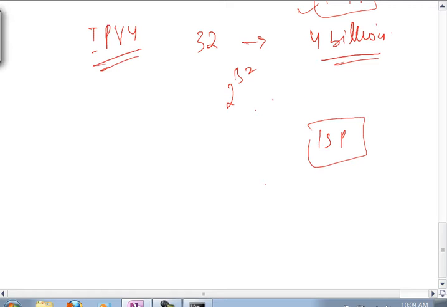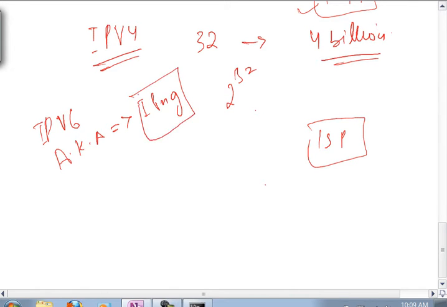But you can understand here that we have the new one, IPv6, also known as IP new generation, NG, version 6.